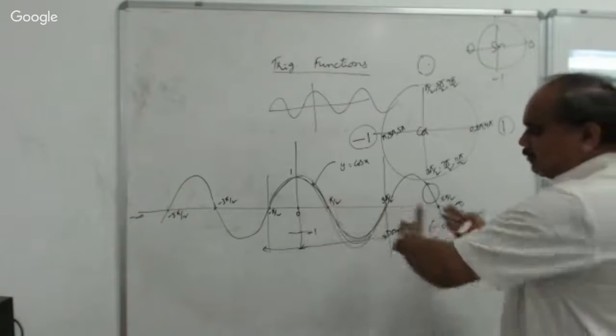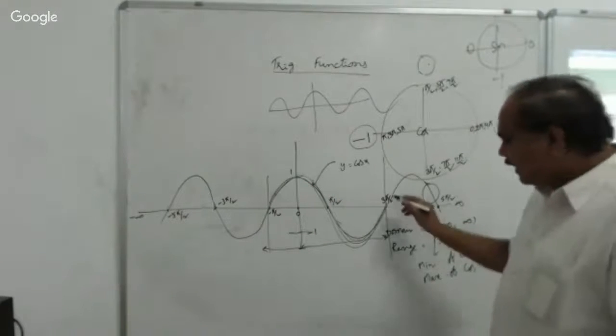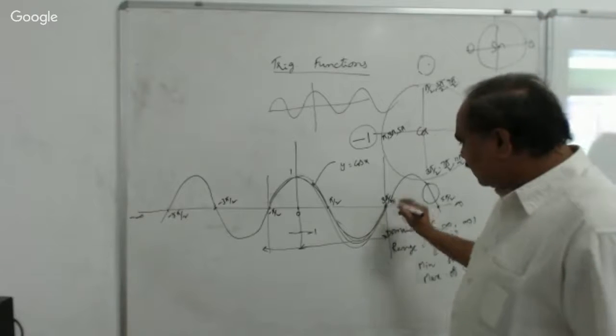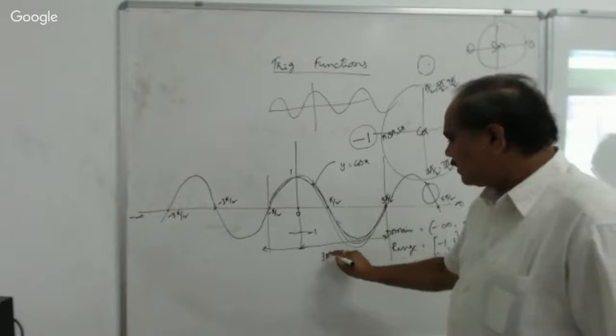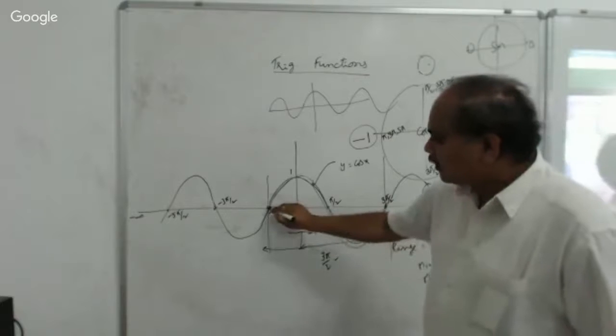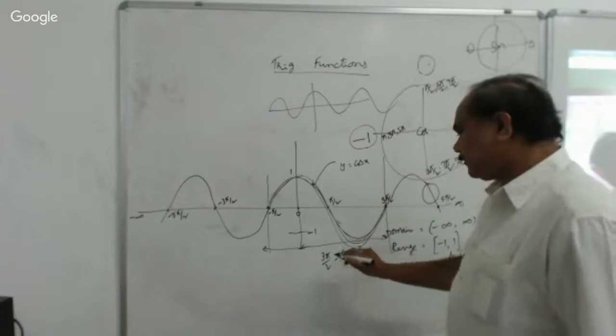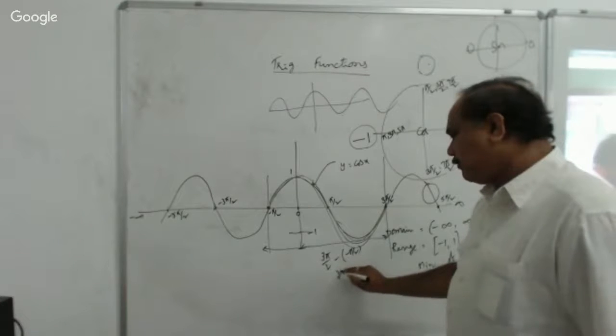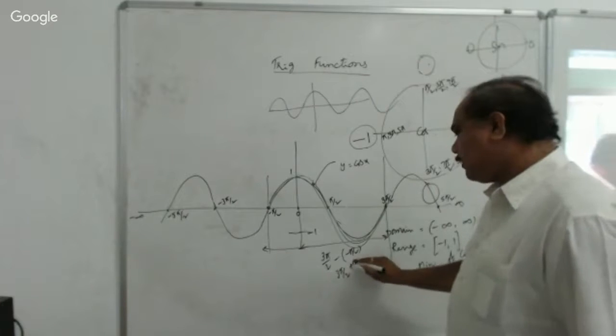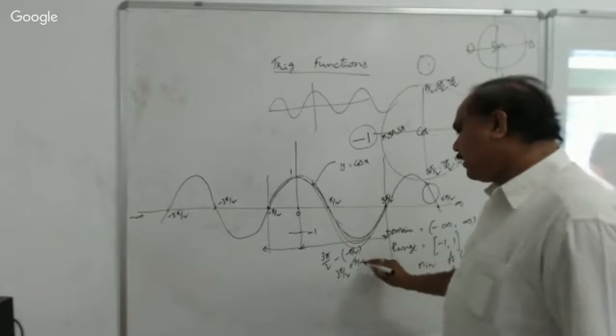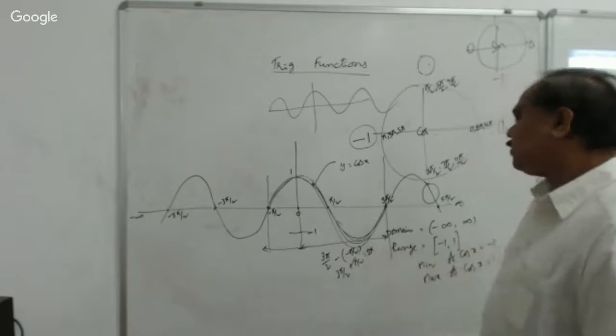Its length is upper limit minus lower limit, that is 3 pi by 2 plus pi by 2, 4 pi by 2, which equals 2 pi.